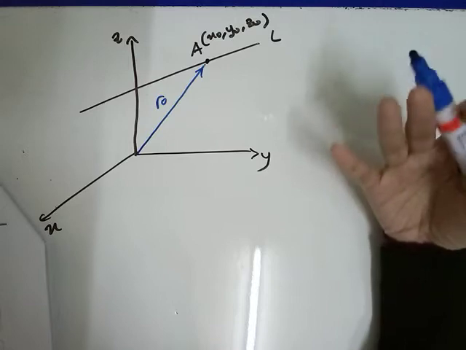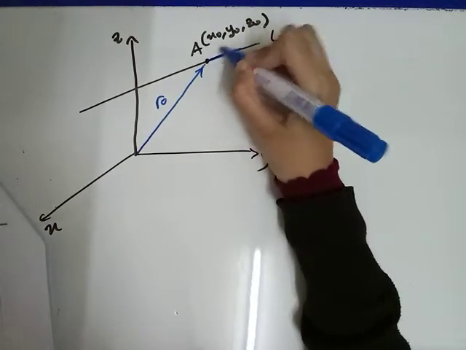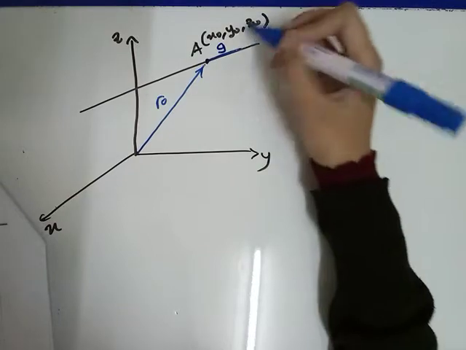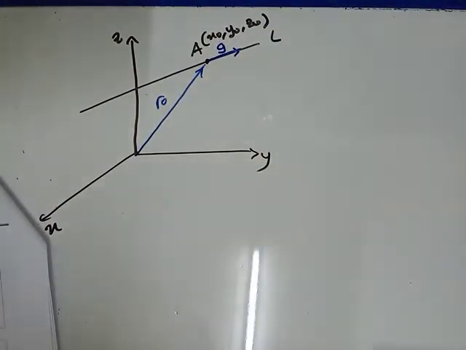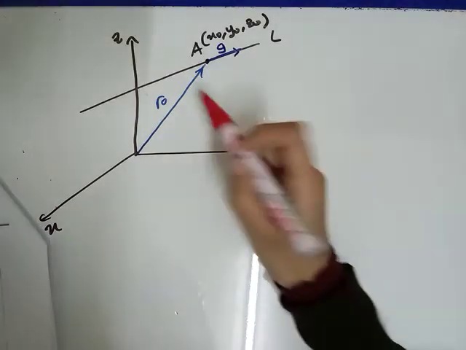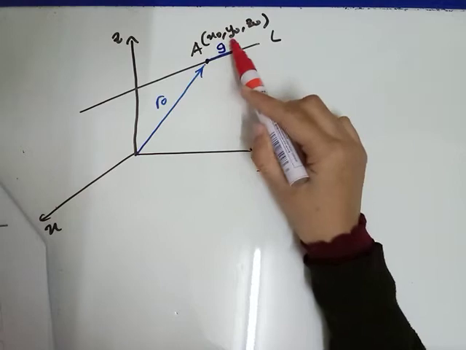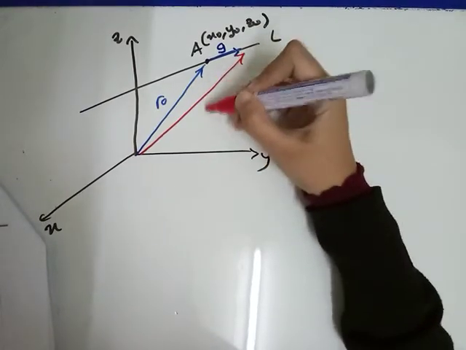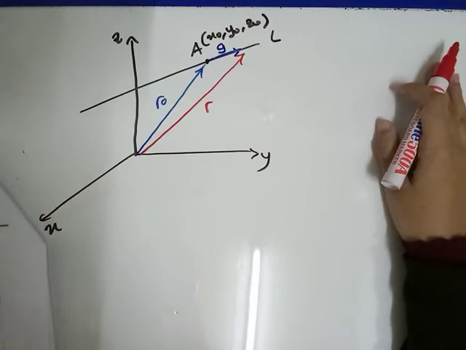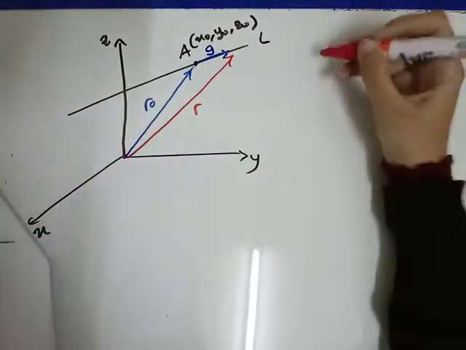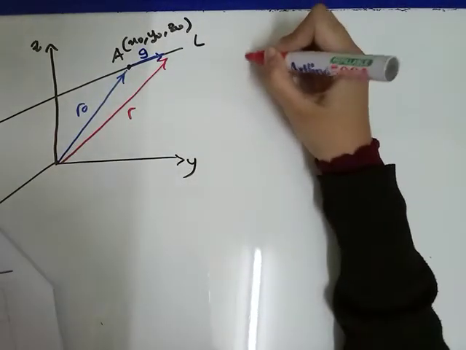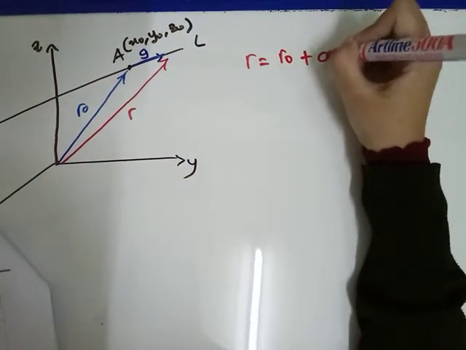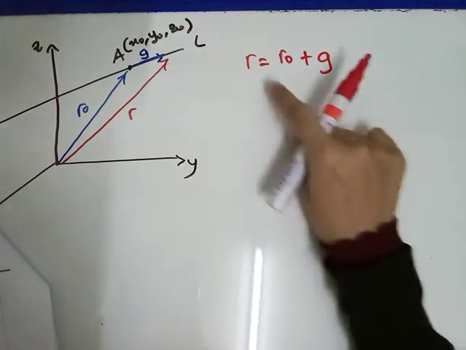Let's say we have another vector here at a point on the line L, which we call vector G. If I add these two vectors r naught and G, then it will give us a vector R. So R is equal to R naught plus G.